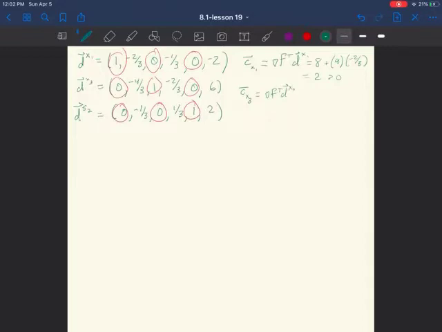That's improving. C bar x3. Again, it's still the gradient transpose dx3. Now it's 9 times minus 4/3 plus 5, which equals... I clearly am not doing my adding.